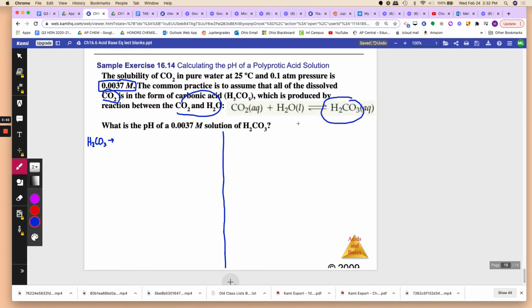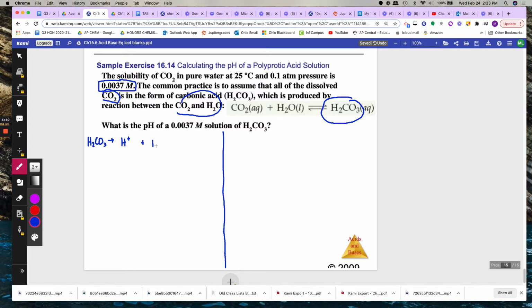The carbonic acid will then dissociate into H plus and HCO3 minus and cause your solution to be acidic because you have H pluses. If you have 0.0037 here, what is the pH of the solution?